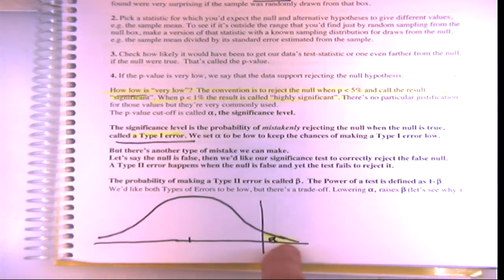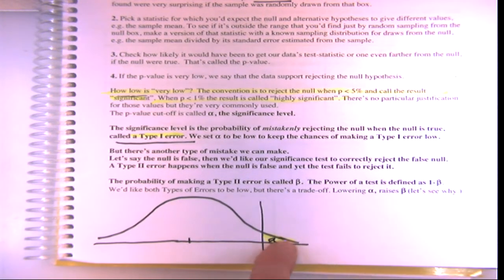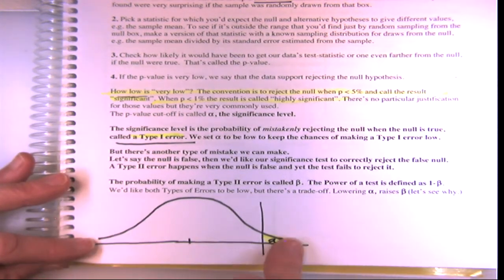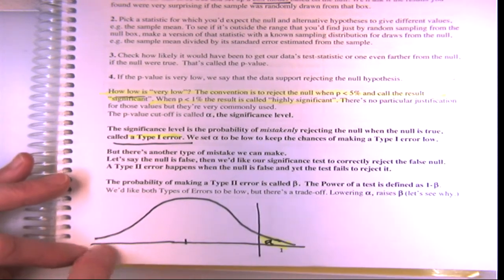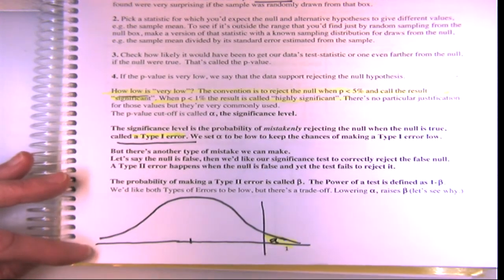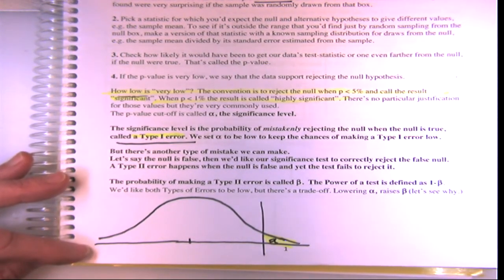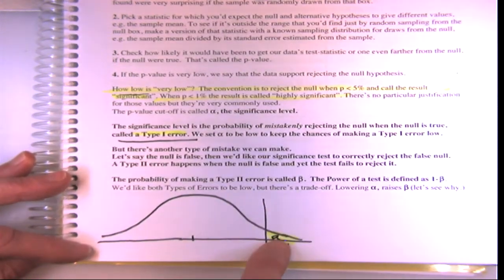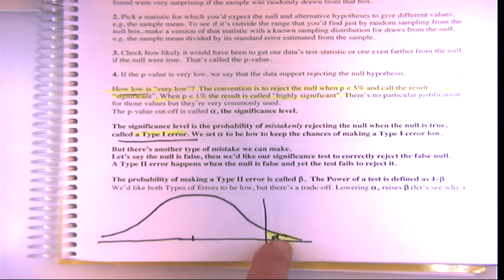Basically, it's a mistake. It's like a false alarm. Nothing's going on here. Let's think of it that way. Let's say this was some smoke detector, and this axis is a quantitative measure of how much smoke is in the air. Well, the null is that there's no fire. So this is the times the smoke alarm goes off, like when you're cooking and it's not a fire, it's just wrong. Happens to me all the time.